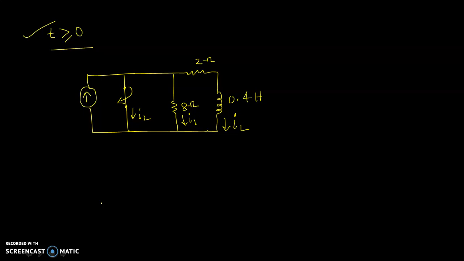It opposes the sudden change of current across it. So when there is a change taking place in the circuit, that is IL 0 minus equal to IL 0 plus.